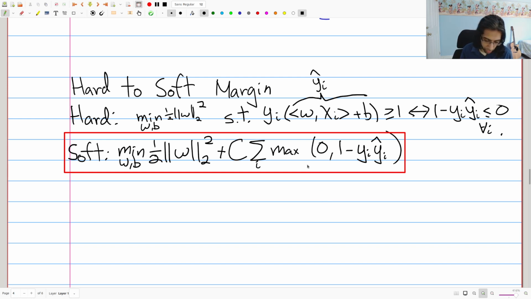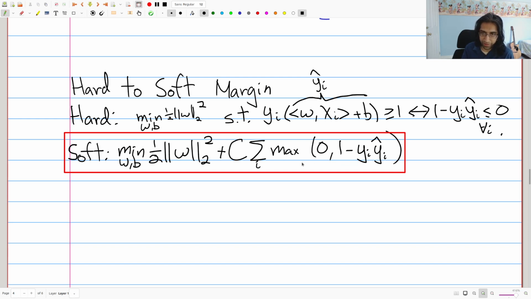And let's see in which way it generalizes the previous. So now note, how does this work? Note that for any point where this 1 minus yi hat is less than or equal to 0, then if you feed that in, this term overall will be 0.